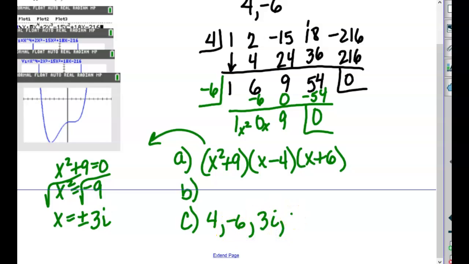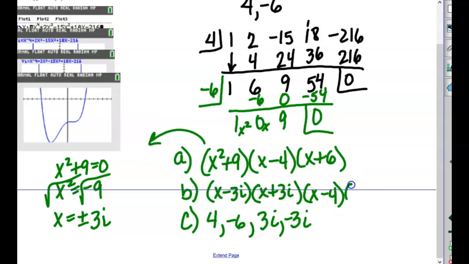So there's our 4 zeros. Now, if they want it as linear, how is x squared plus 9 going to factor? We just figured it out. It's going to factor, yeah, plus and minus 3i. And x minus 4 and x plus 6.